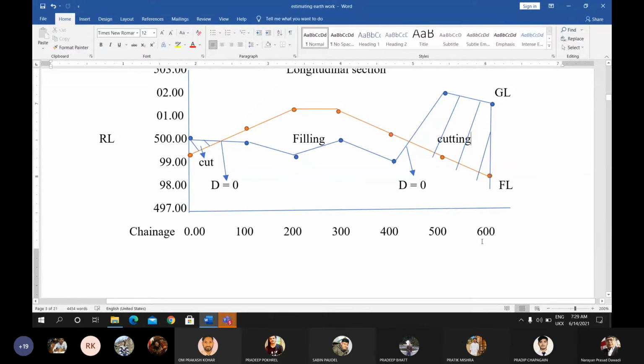This is the same line. This is the plot.